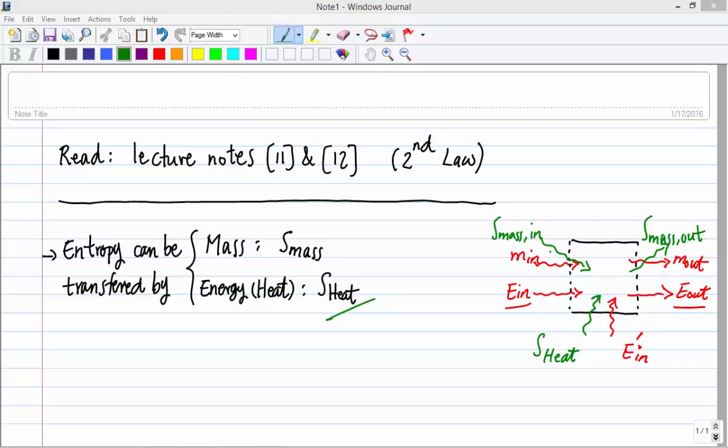In some cases, this generated entropy might be zero, and we call those types of processes reversible. It means if a process happens and no entropy is generated, then it's possible to reverse the process and force it to happen in the opposite way, right?